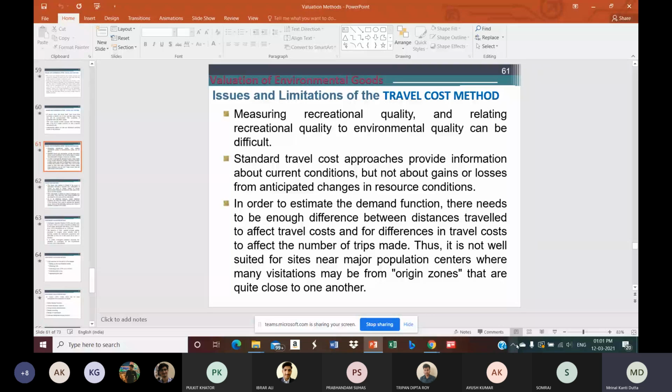By combining both, we can arrive at the value of a particular wetland or natural resource site. That is also possible, and there is a lot of literature which has been carried out by combining these different methods, which capture both non-use values as well as use values. Depending upon the situation, this type of thing is done.